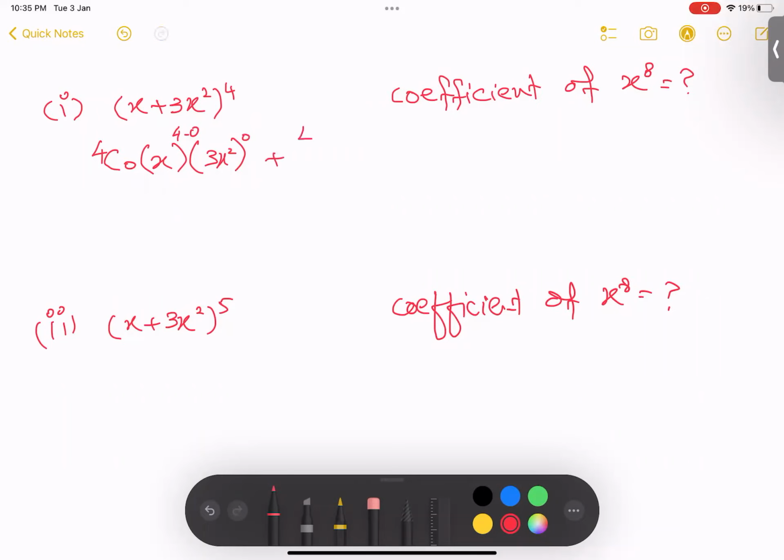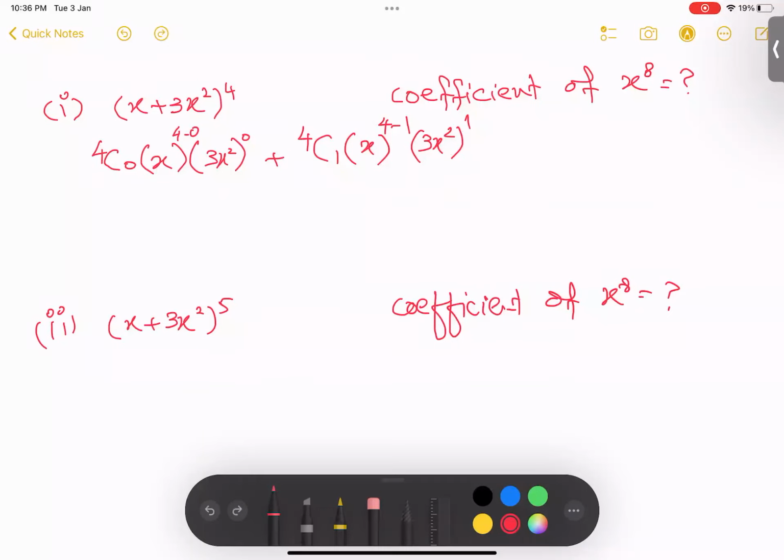The next step is 4C1, then x to power 4 minus 1, and 3x squared to power 1. Repeat: the power of the first term is the difference of these two numbers, and this number goes on the second term. So the difference of 4 and 1 goes here, and 1 goes here.